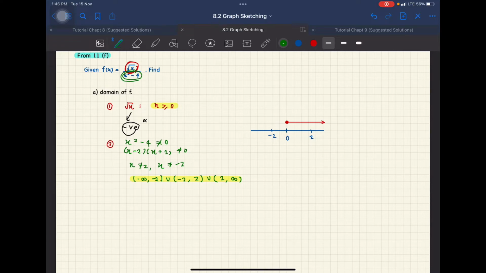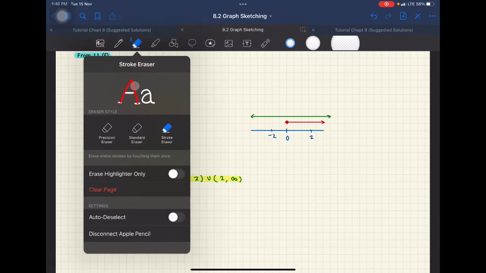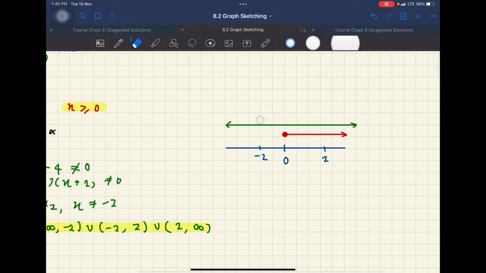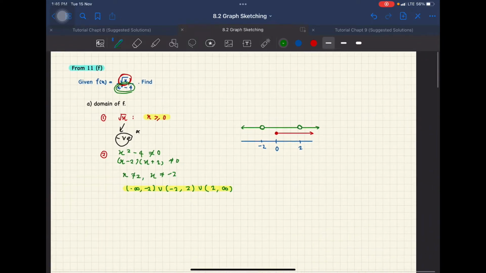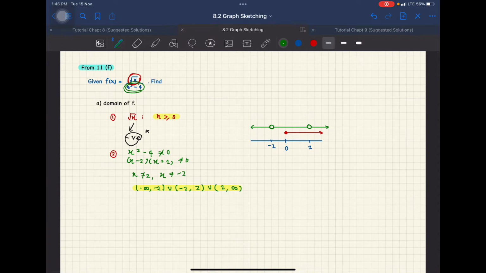So apa yang saya nak buat is saya gariskan sahaja macam ni, satu panjang. Okay, so kita ada anak panah ke kanan and also anak panah ke kiri. And then saya akan padamkan pada tempat negatif 2 dan 2 sahaja. So padam kat sini. And then saya padam dekat sini lebih kurang. Okay, so saya buat satu bulat yang tak ada warna. Satu lagi bulat yang tak ada warna. Okay, settle.